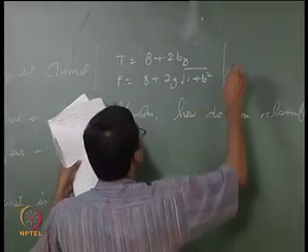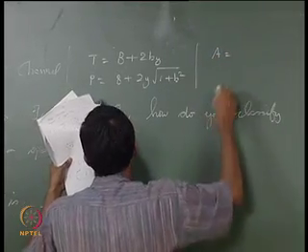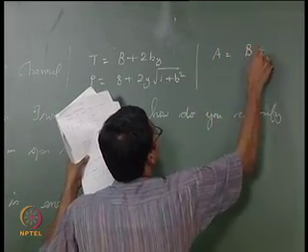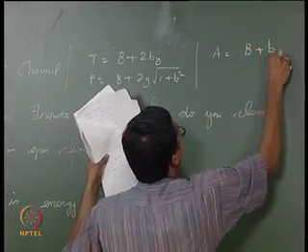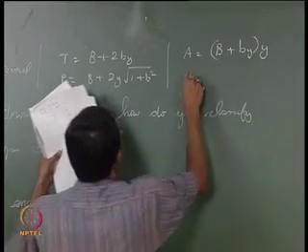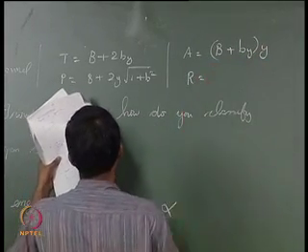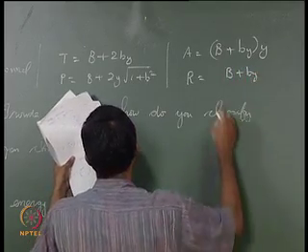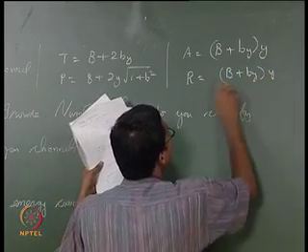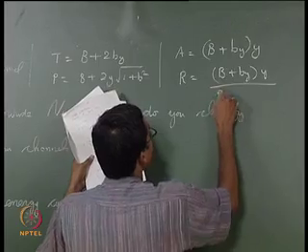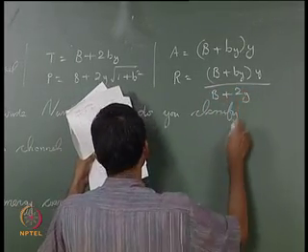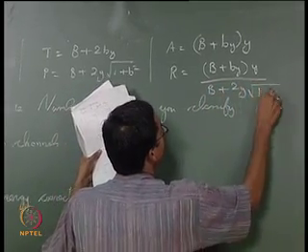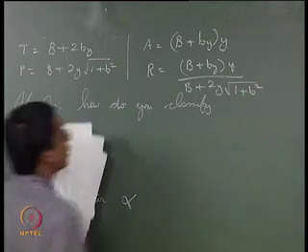Your other quantities are: area is equal to B plus B y into y, and hydraulic radius R is equal to B plus B y into y divided by B plus 2 y root of 1 plus B square.